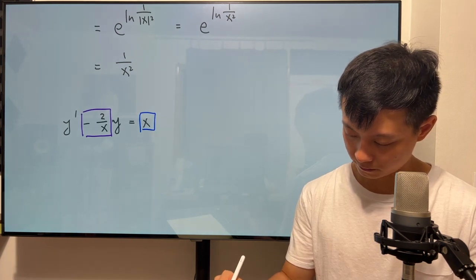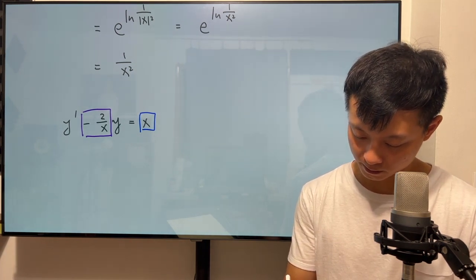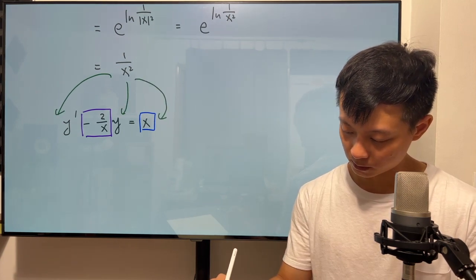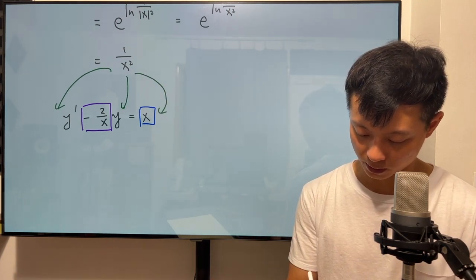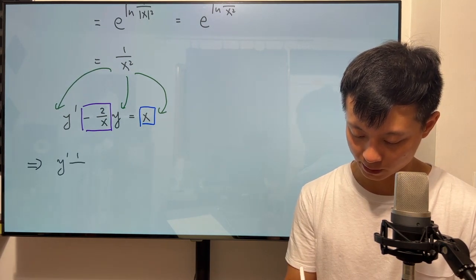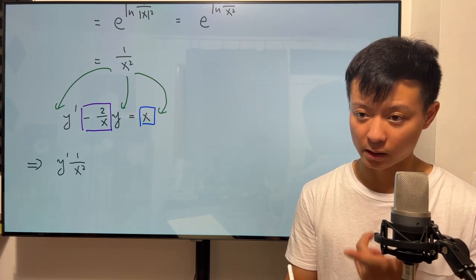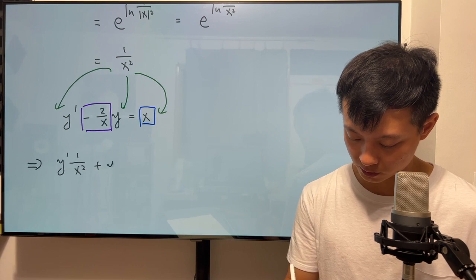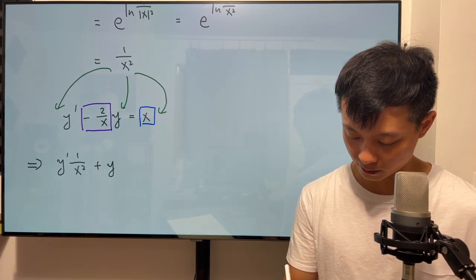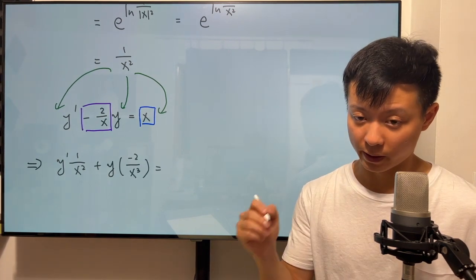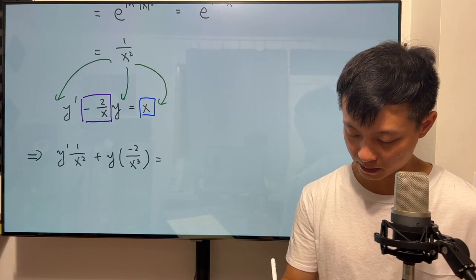We're going to have this multiplied to each of the terms, and then we're going to have the first term being y prime times 1 over x squared, and then the second term is going to become, let me put a plus sign here, y times negative 2 divided by x cubed, and then the right hand side being 1 over x.